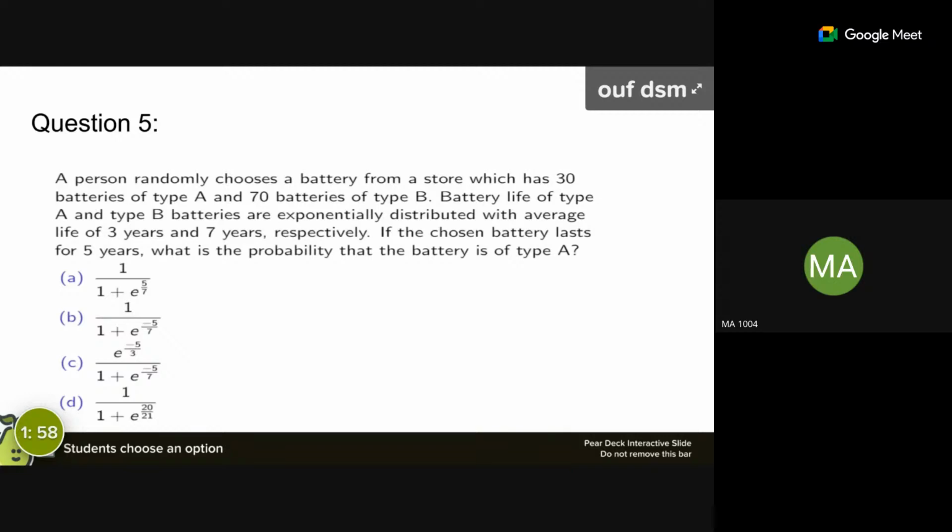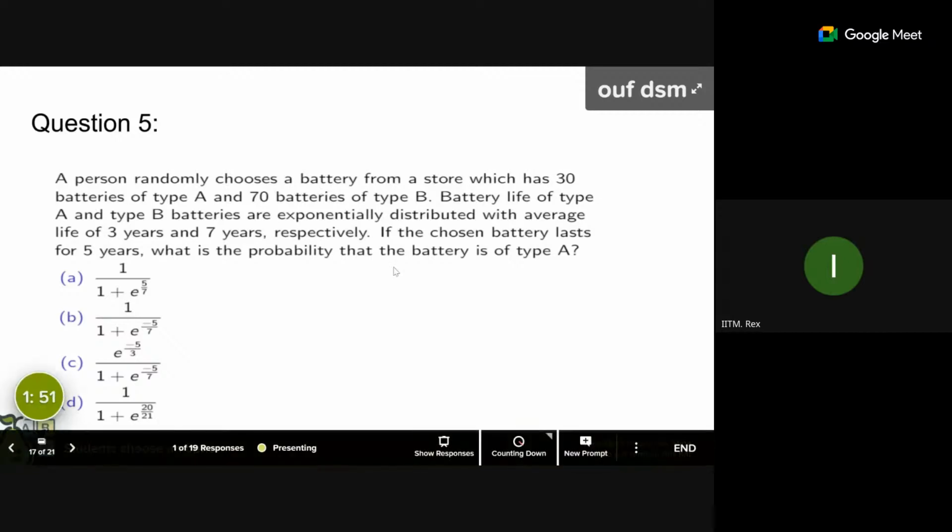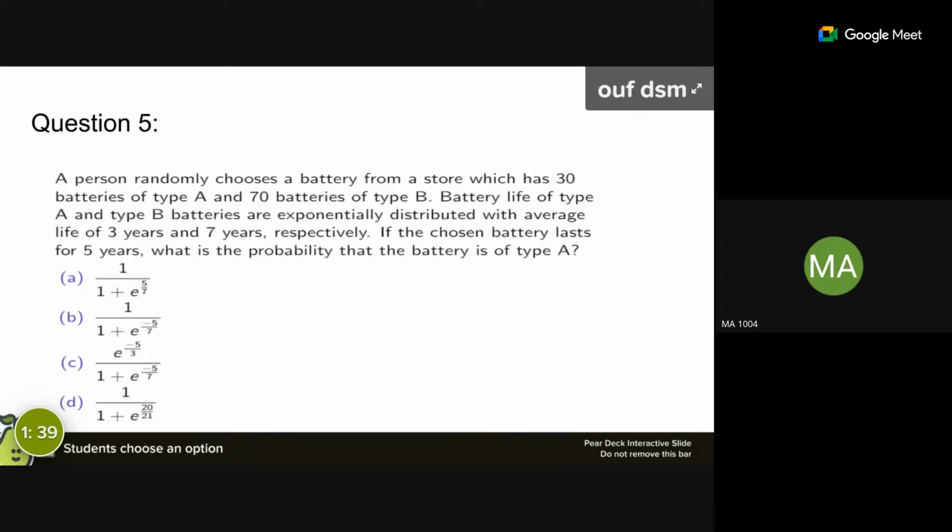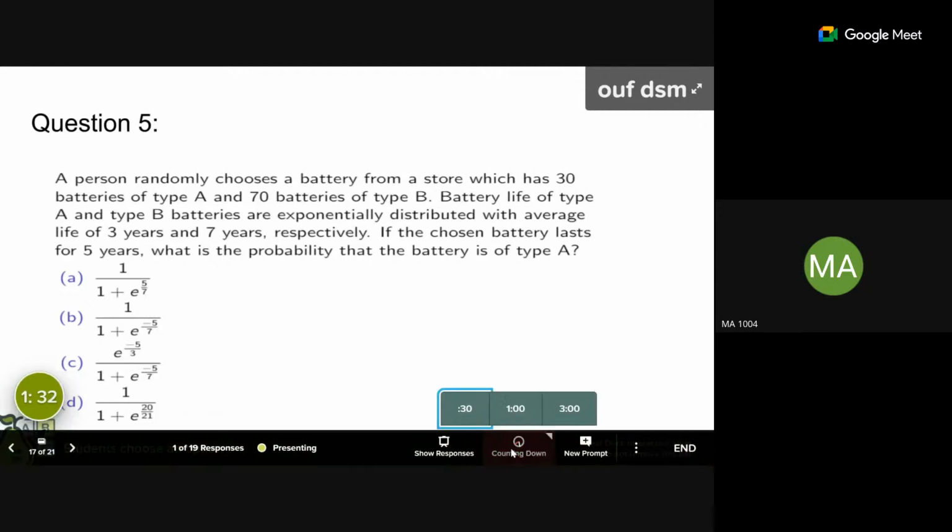For the probability of the Bernoulli, just read the first line of the question again, and you will find the probability of your success. Just try it once, then we will discuss it again.